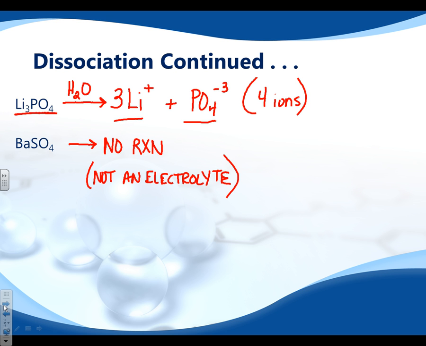You can either write the dissociation reaction because it is an electrolyte, or no reaction. Remember, by definition it has to be ionic and soluble, and if it doesn't meet both of those criteria, it is not an electrolyte and therefore will not undergo a dissociation reaction.